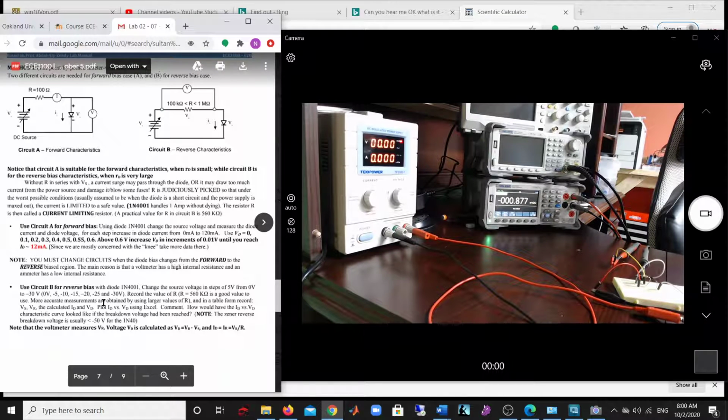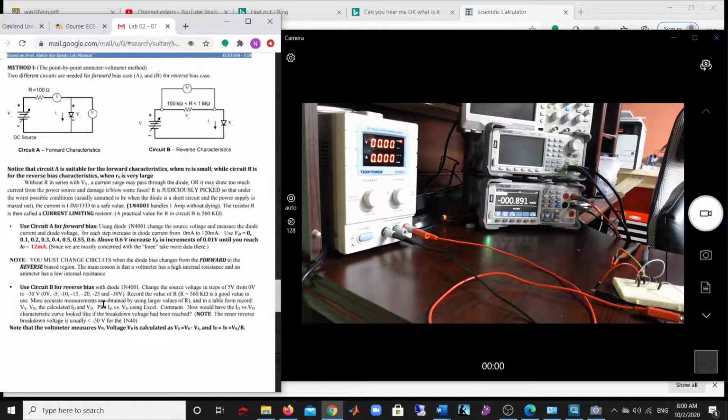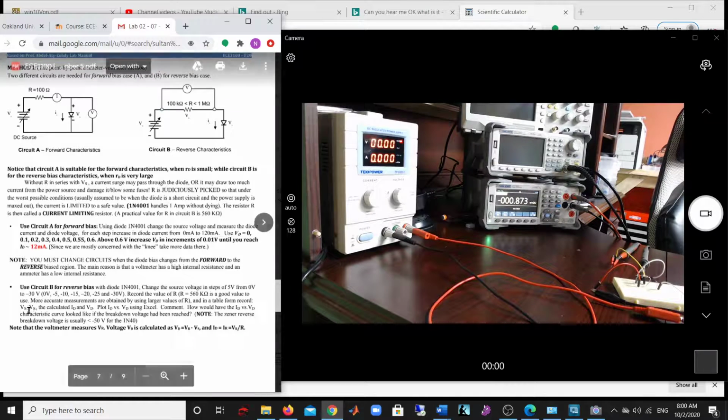So in this case we need to form a table of 4 columns: VS, VR, ID, and VD. VS is what we are changing here. VR is what we are measuring.